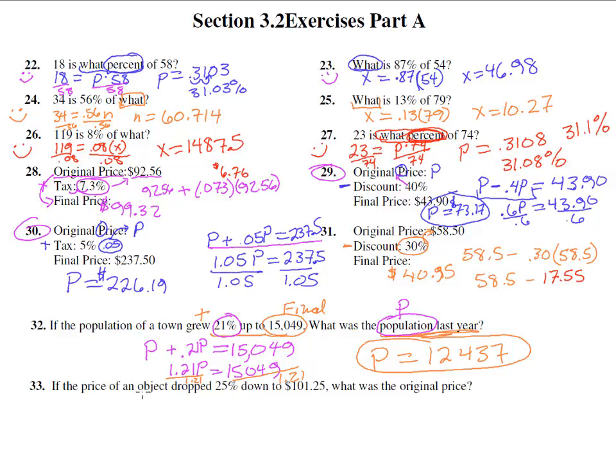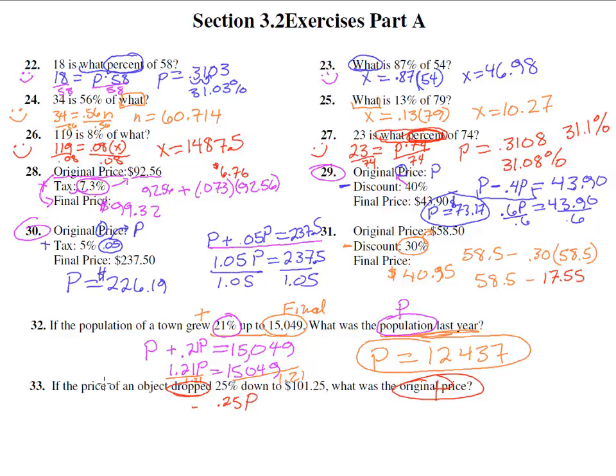And number 33. If the price of an object dropped, that means subtract 25%. Now 25% is 0.25 of something. Now it's not of this, it dropped 25% of its original price. So we need a variable. We'll call this again P for price.